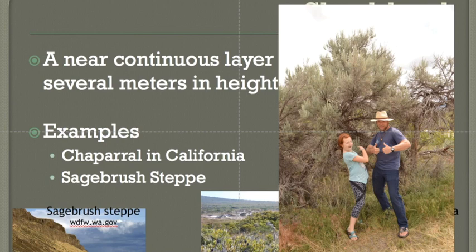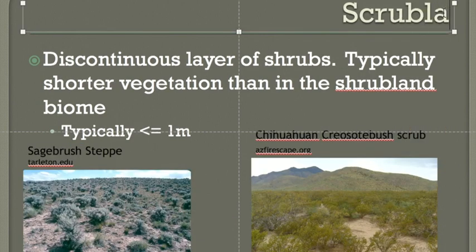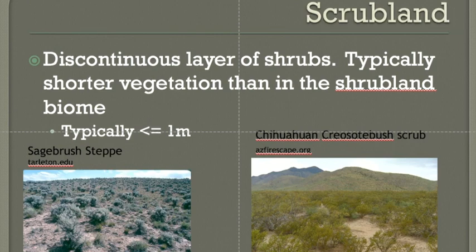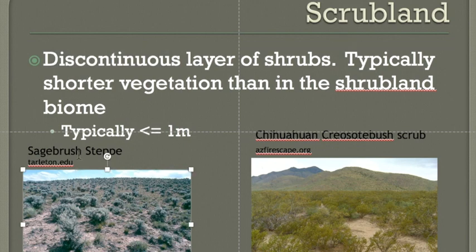Okay, so that's shrubland. And then we have either a scrub, or I'm going to call it a scrubland for now, but some people just call it scrub ecosystem. Again, this is much like a shrubland, dominated by shrubs, but again, it has a discontinuous canopy layer. So this left-hand picture also shows you the sagebrush steppe, and you can see all the spacing between them.